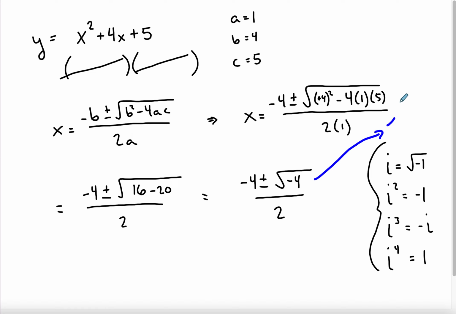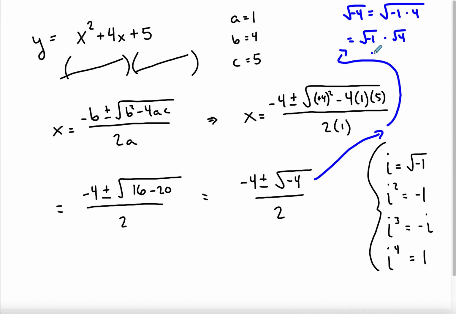Well, the square root of -4 is equal to the square root of -1 times 4, or the square root of -1 times the square root of 4.